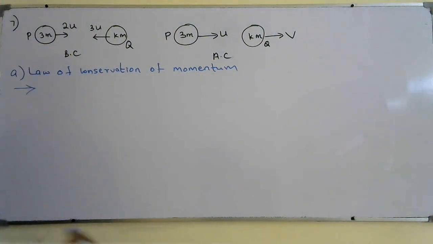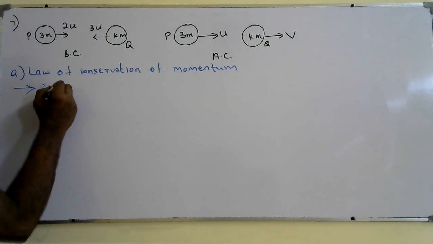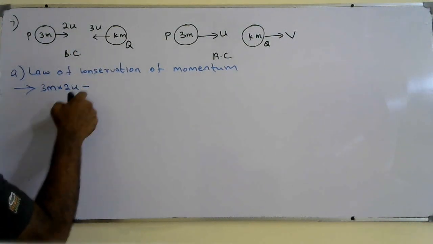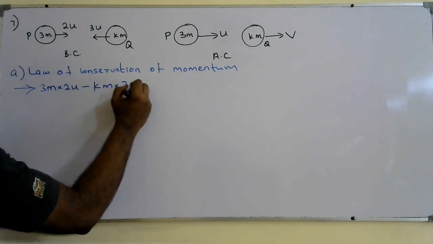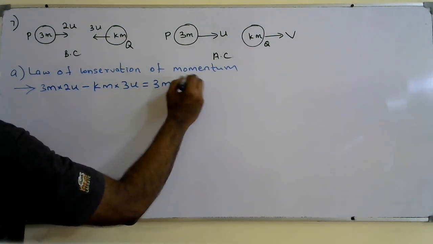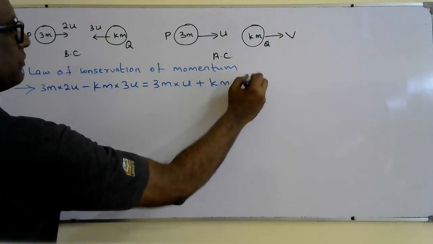I'll take it, no reason, just towards the right. So that means 3m into 2u minus, this is towards left, so minus km into 3u is equal to again 3m into u plus km into v.